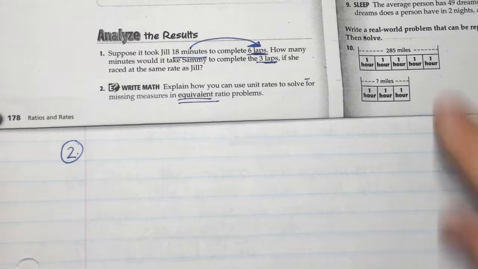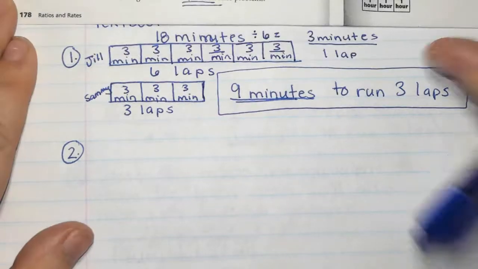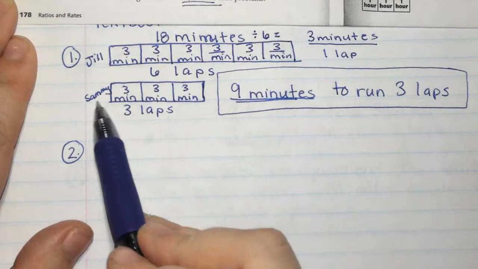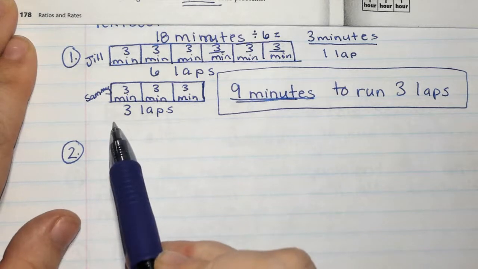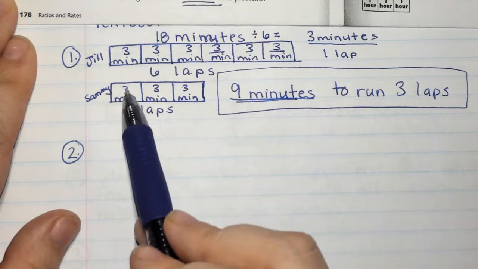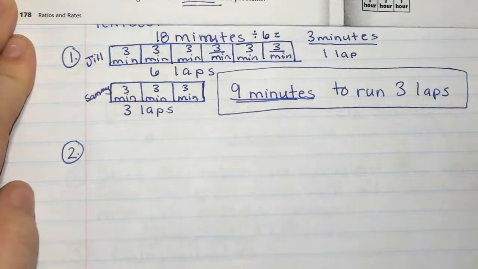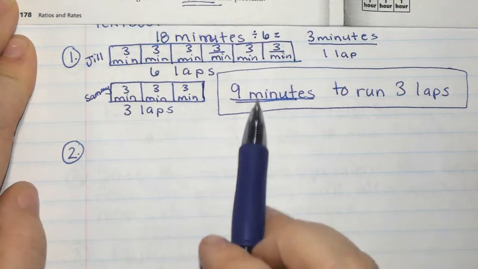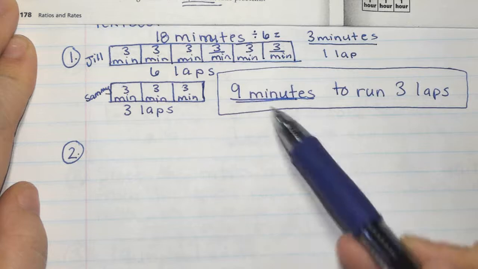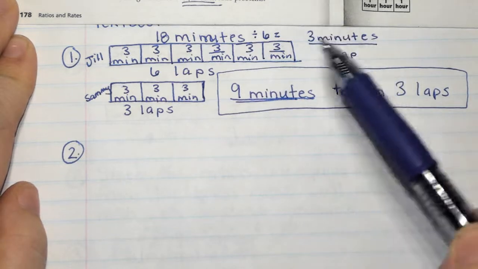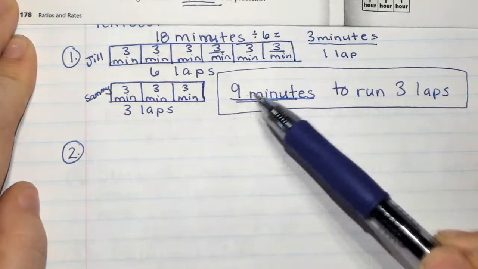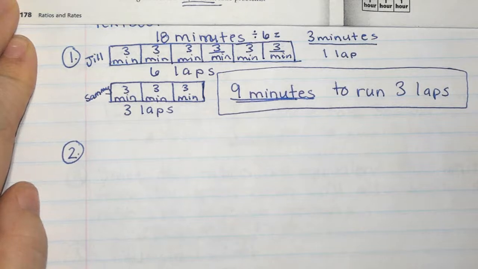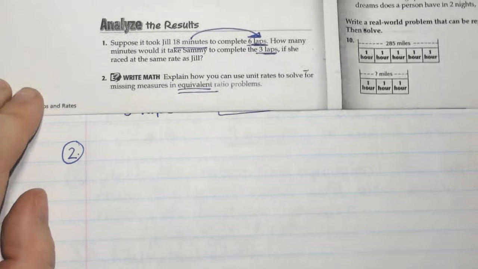Thinking back up here, we knew these were equivalent because it says Sammy ran at the same speed. If Sammy wasn't running at the same speed, could I have found that missing measurement? No. So can someone tell me, how did the unit rate help me, and why did they have to be equivalent ratios for it to help me?